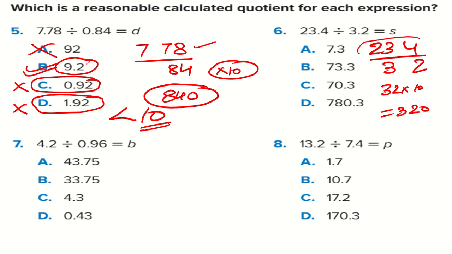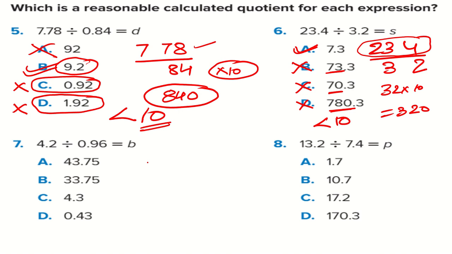But the numerator is 234. So it is smaller. It means your answer will be less than 10. So this answer is wrong because it is bigger than 10. This answer is wrong because this is also bigger than 10, and this answer is also wrong because it is bigger than 10. So only one answer is left. So this is the correct answer.